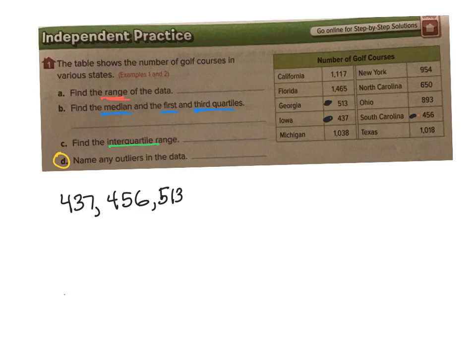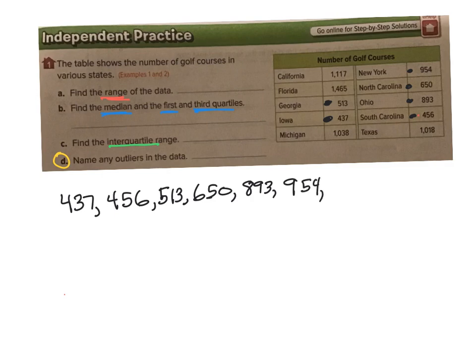Now I'm going to go a little bigger. 650. Okay, now do I have any other 600s? No. Do I have 700? No. Do I have 800? Yep, I got one 800. 893. Any 900s? Just one.